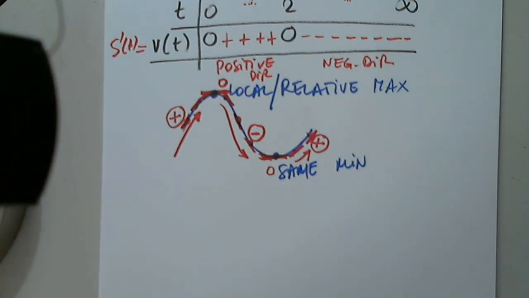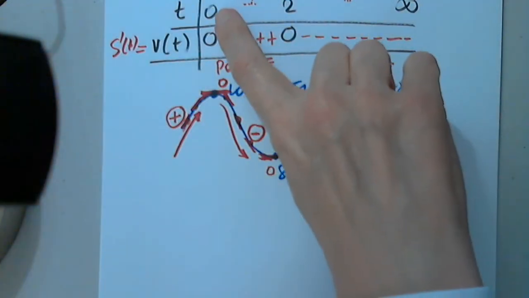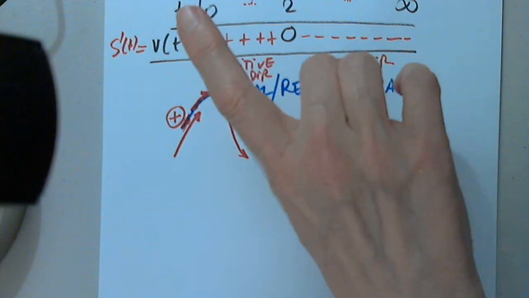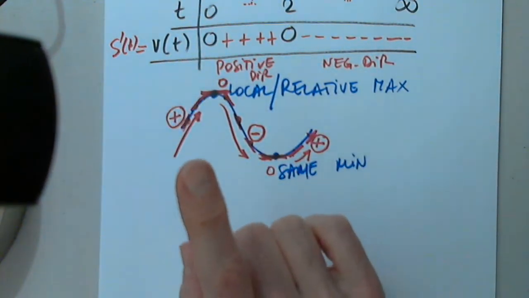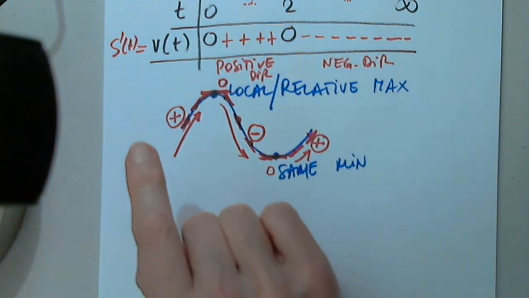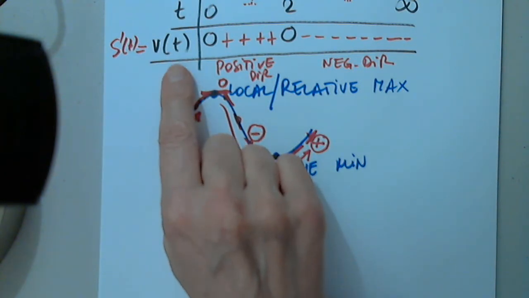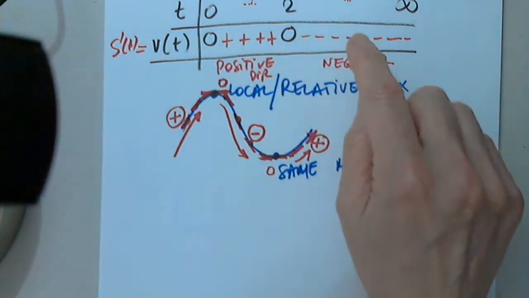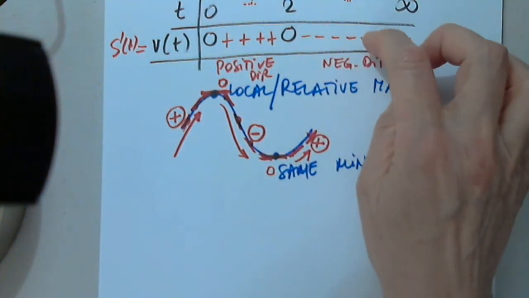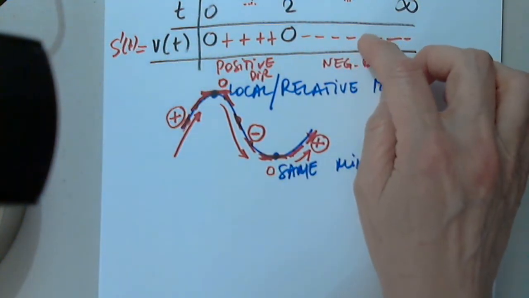Or how we do it. Yes? I think I get it pretty well, but is the reason we have zero, like zero is our starting point, just because velocity won't be less than zero because we're not comparing distance less than zero because it doesn't exist? So we're not talking about the distance. This is the derivative of the distance, which is the velocity. Yes, we can have negative velocity in the sense of direction.